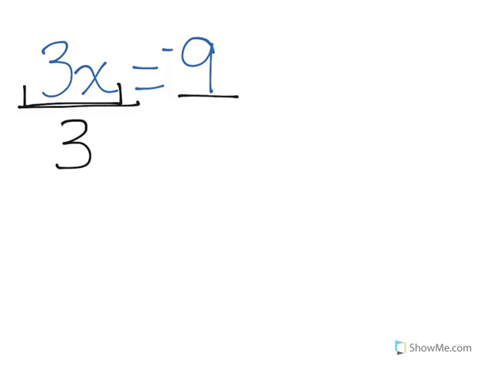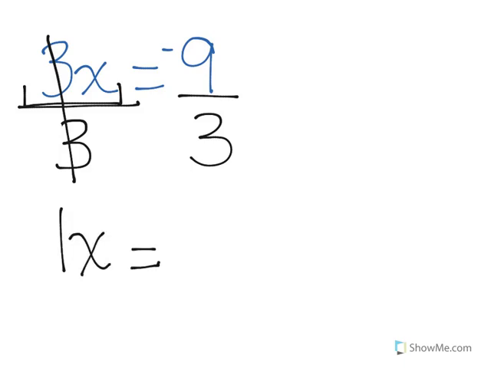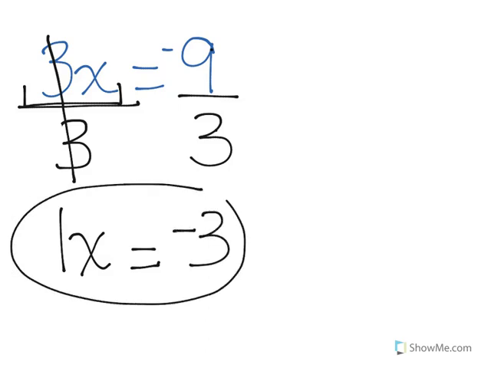And I use fractions as my division symbol because fractions mean division. So my 3 divided by 3 means I just have 1x left. And negative 9 divided by 3 is negative 3. So 1x equals negative 3.